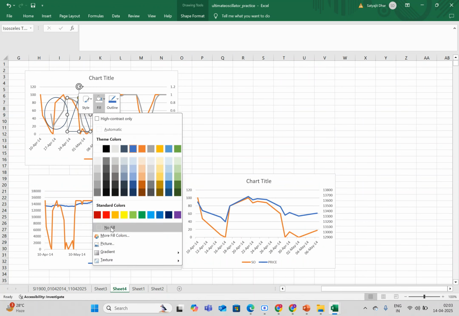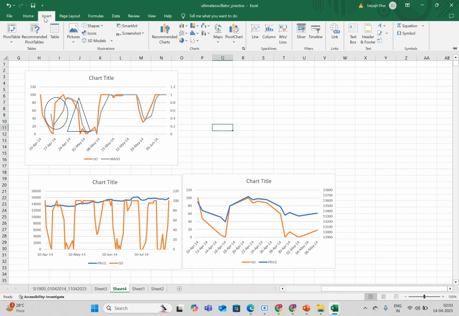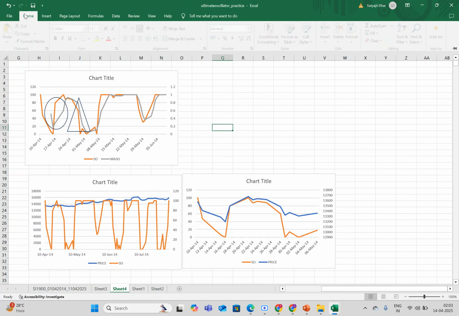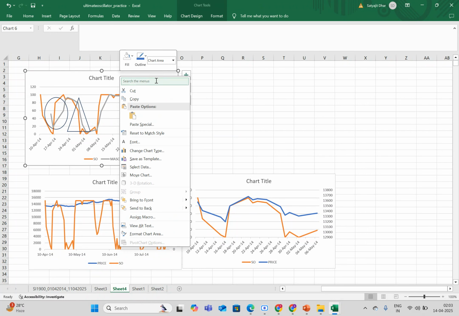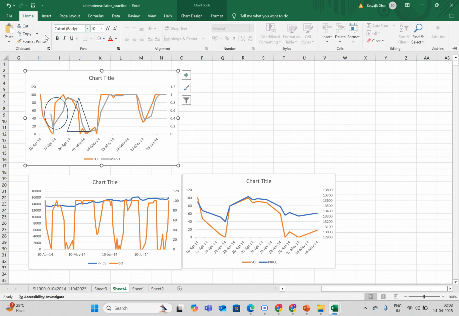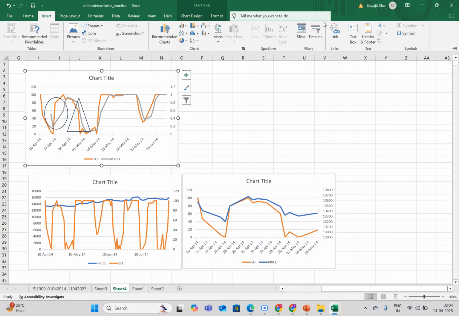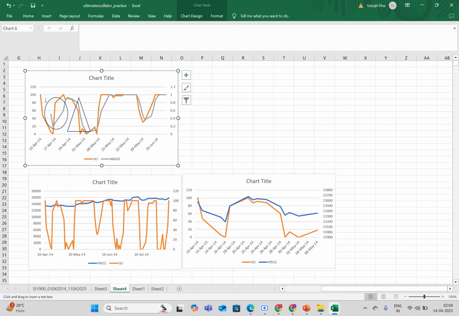I was trying to insert a text box. So this is the place where SO is above MASO, and when the stochastic oscillator is high, the trading strategy is that it is a selling signal.